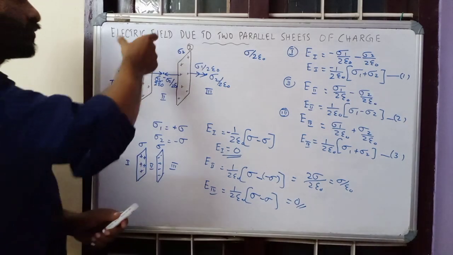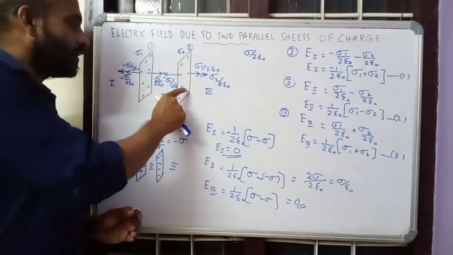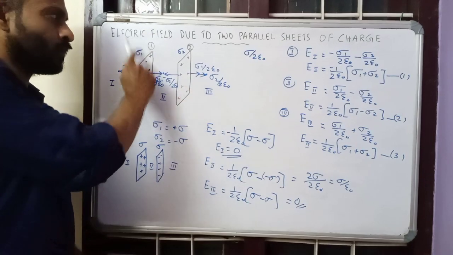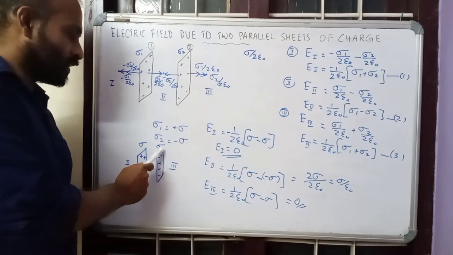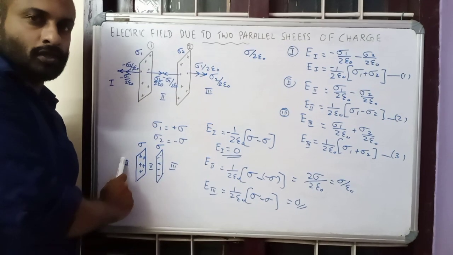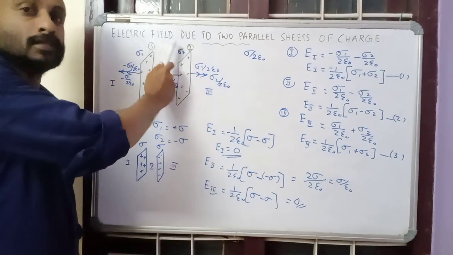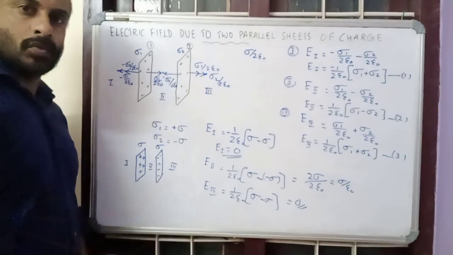So this is about electric field due to two parallel sheets of charge. Both are infinitely long, thin sheets of charge. Charge density sigma 1, charge density sigma 2. Here, charge density plus sigma, charge density minus sigma, positive charge and negative charge. In the first case, both charges have the same sign but different charge densities. In the second, the same charge densities but opposite signs. Okay, thank you.